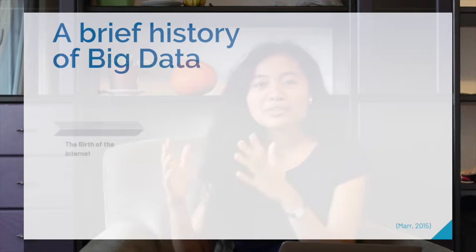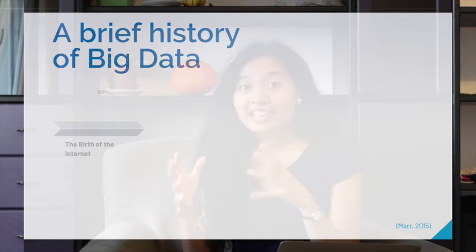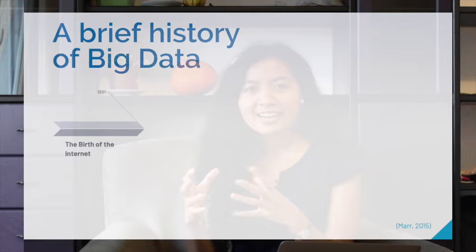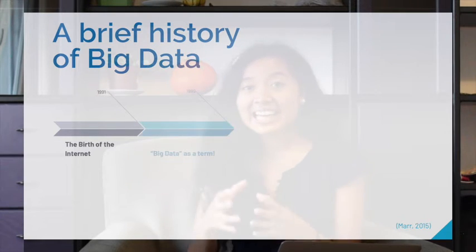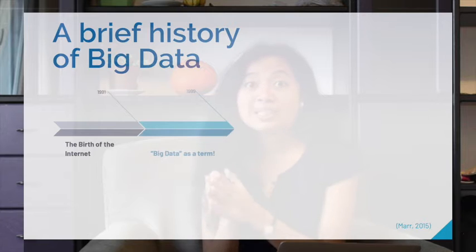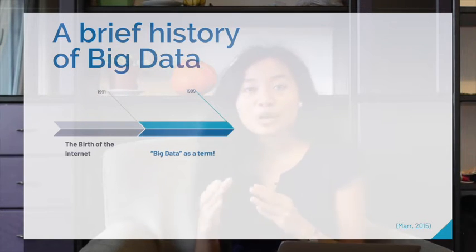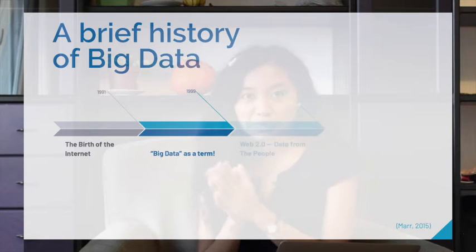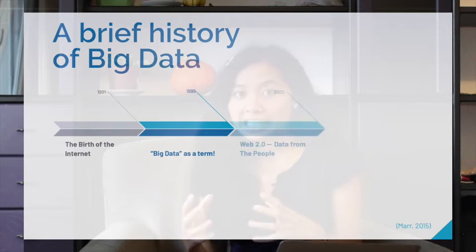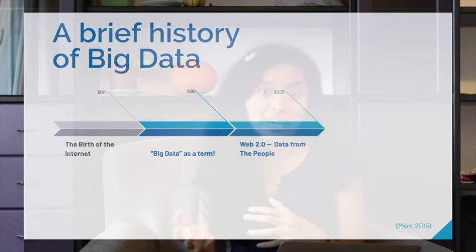A brief history of big data. We'll have to go back to 1991 when we have internet for the first time, which means that we have a web of data being interconnected and accessible worldwide. And 1999 when the term big data was mentioned for the first time. And 2005, Web 2.0, data from the people, when people generate more content than the service providers.